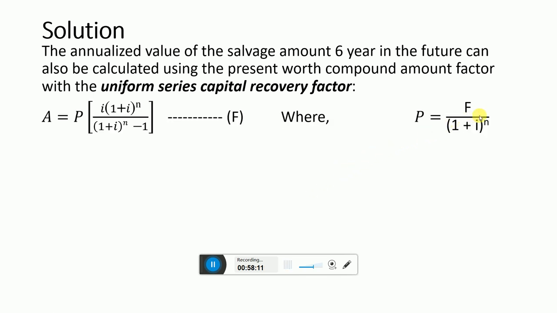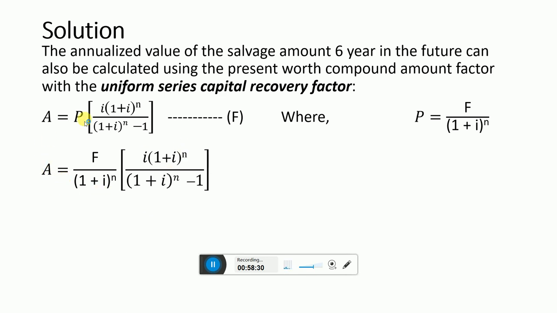So using this equation F, where P is equal to F over 1 plus I power N, we have all the values. If we put these values in, we get this new formula, through which we can also find the annualized salvage value.